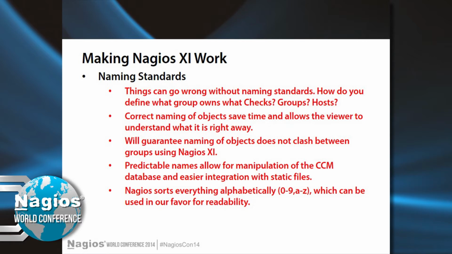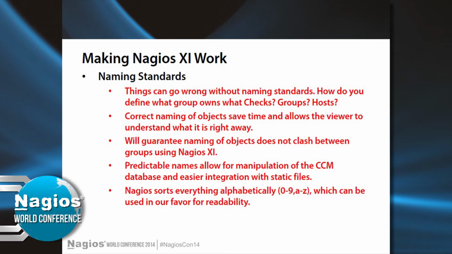It guarantees that naming of objects doesn't clash between groups using Nagios XI as well. I've had a couple of developers try to write a check and just name it Oracle. You can't do that because there's already a service check named Oracle, and they didn't search for service checks with that name beforehand. But having a naming standard will help prevent that.